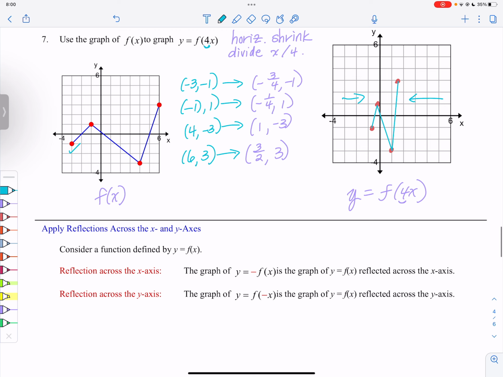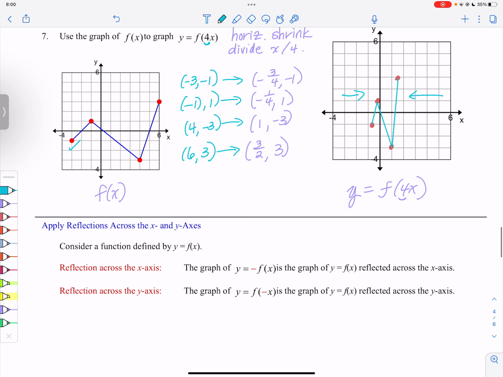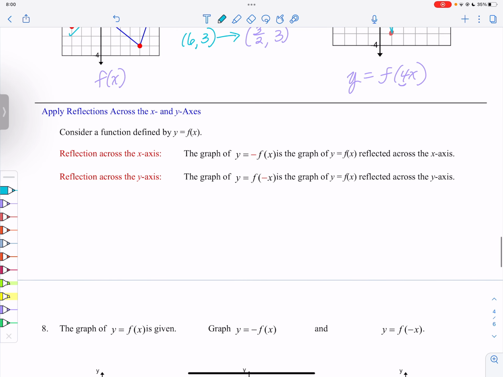Okay, let's get to reflections. And reflections are quite simple. You can see a negative sign placed on the outside of the function and a negative placed on the inside of the function. So what happens if we are taking the opposite of our original function? Think about that.